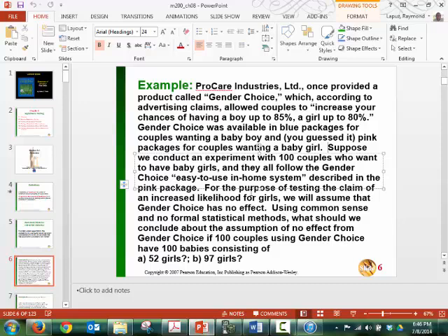So for the purpose of testing the claim, an increased likelihood for girls, we'll assume that Gender Choice has no effect. So that's your assumption. Okay, you don't believe that company. They don't have any effect on the gender of birth or whatever.